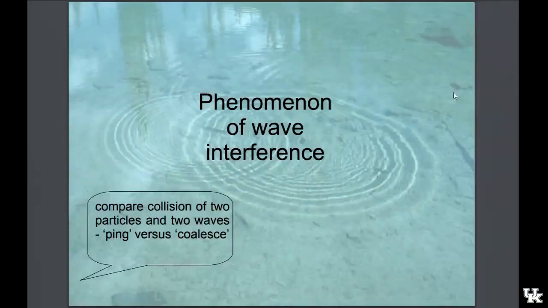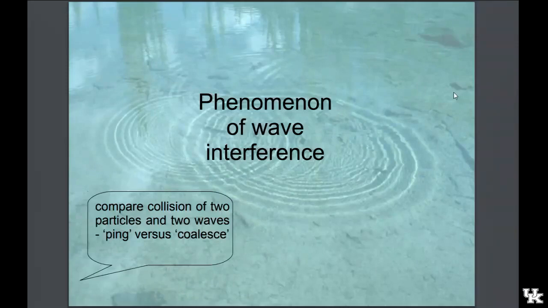Okay. So interference occurs when two waves meet one another or collide with one another. So let's just take a moment and imagine the collision of two waves with one another and compare it in our minds with the collisions of two particles with one another.